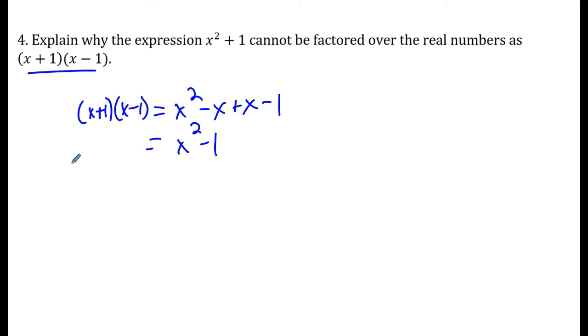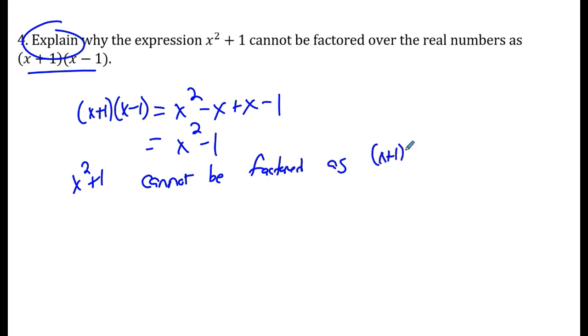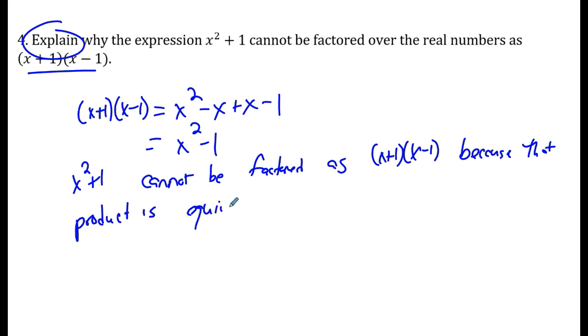So x squared plus 1 cannot, well, explain means write a sentence, which is why I'm writing a sentence, be factored as x plus 1 times x minus 1 because that product is equivalent to x squared minus 1, not x squared plus 1.